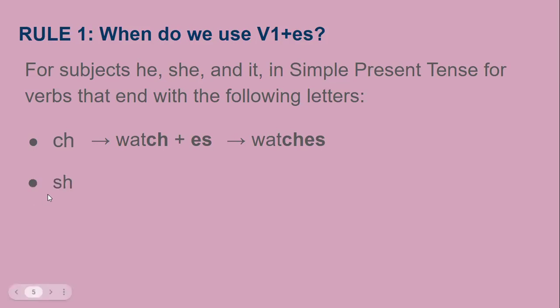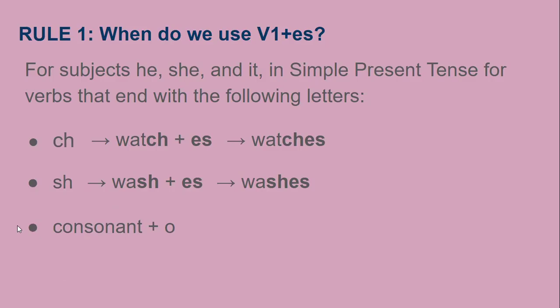The next one is if a verb ends with sh, S followed by H. For example, you've got wash, right? Then you add es. It becomes washes. Next up, for any verb that ends with a consonant, any consonant plus O. Again, in another separate video, I have explained what a consonant is.